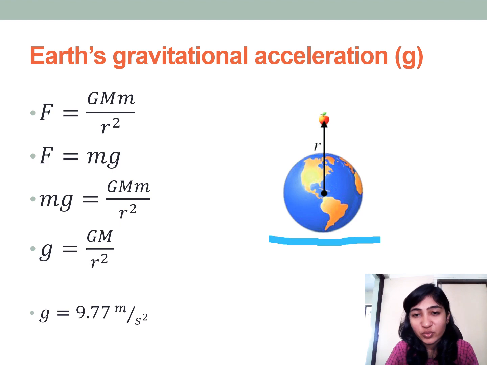So the distance between the Earth and the object is r, right?